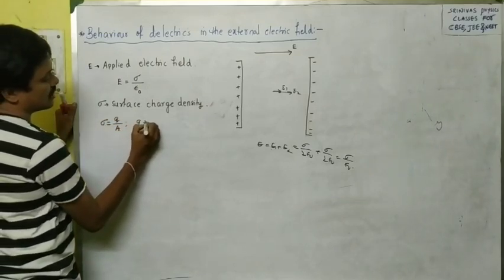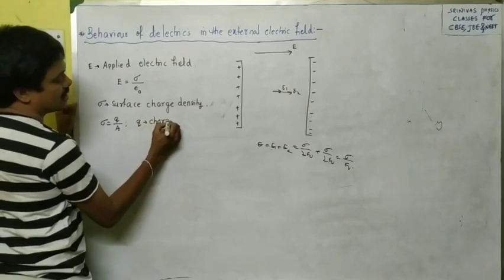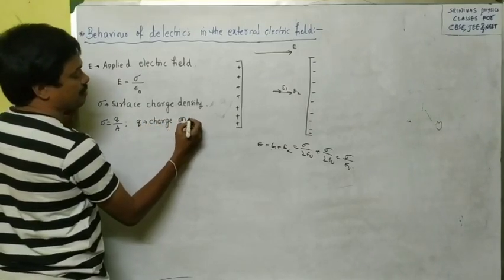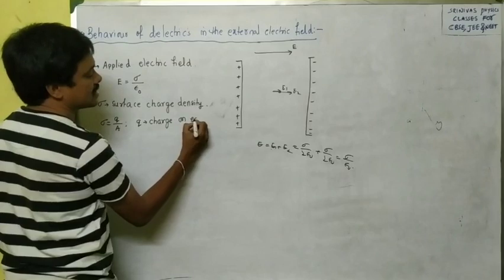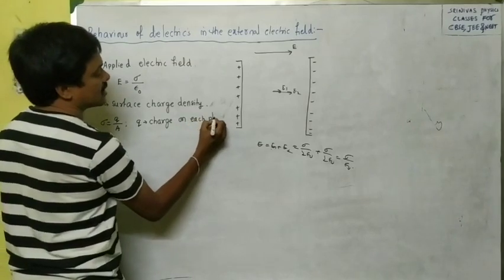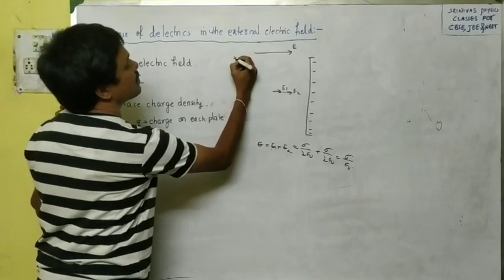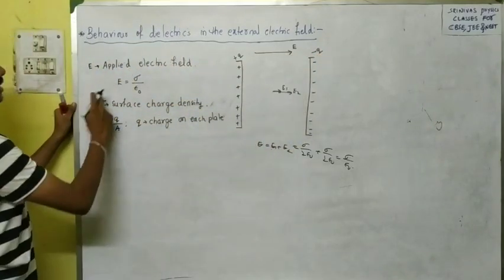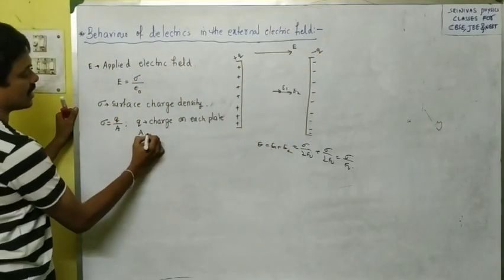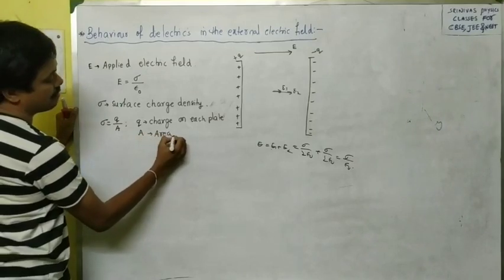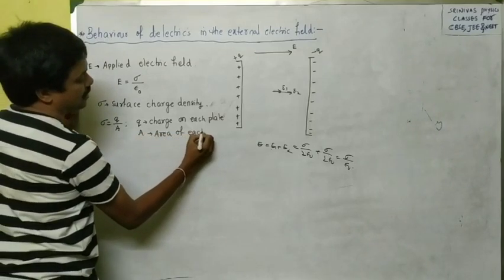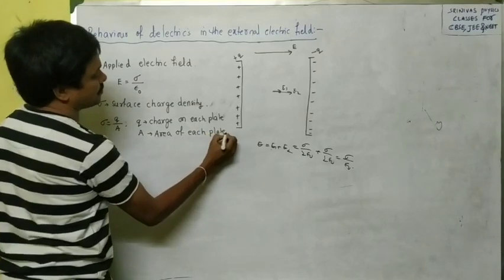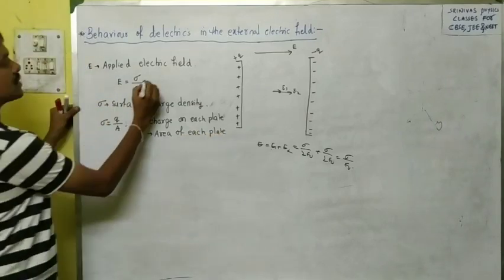Q is the charge on each plate: on this plate plus Q charge, on this one minus Q charge. A is the area of each plate. And this is equation 1.